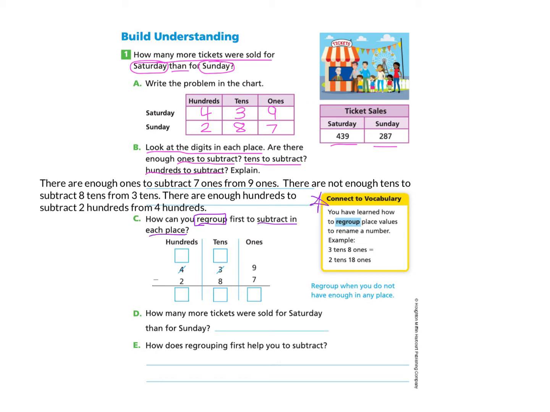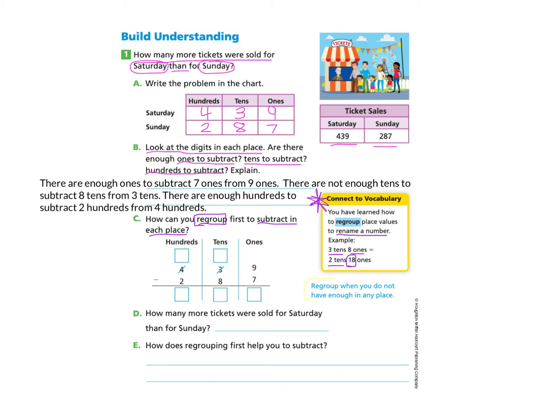Let's remember the connective vocabulary. You have learned how to regroup place values, and that means to rename a number. And they give us an example here of 3 tens and 8 ones can really be regrouped to make 2 tens and 18 ones.